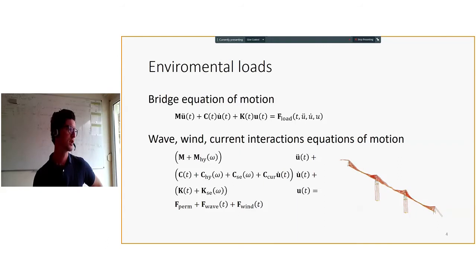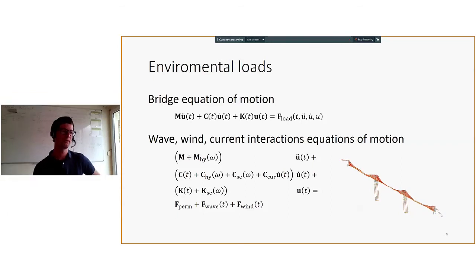So I will go later on into detail about what these different terms mean. But the first thing is I'm going to give you a short overview of the floating bridge equations of motions. And we're just going to go slowly through each interaction. We'll start with some current, waves and hydrodynamics, and then we will move to the wind loads, where we'll have more focus.